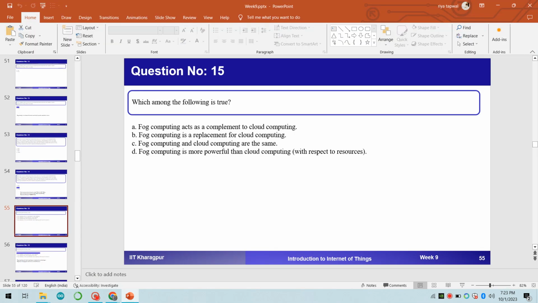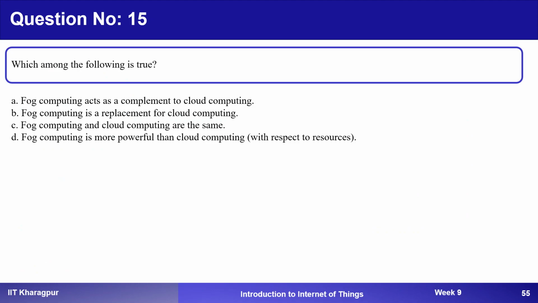Can you please explain how fog computing is more powerful than cloud computing? Correct option for this is A, that is, fog computing acts as a complement to cloud computing, because in case of fog computing one extra layer is added which works along with your cloud computing.